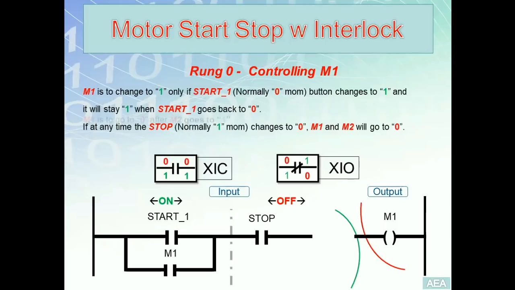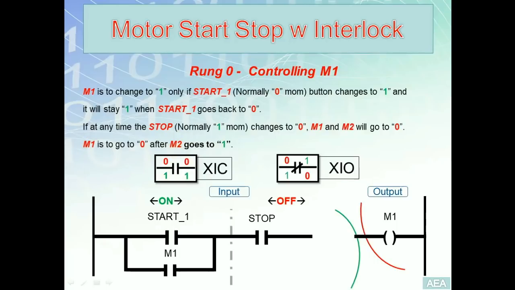The final requirement: M1 is to go to 0 after M2 goes to 1. Now please look over here. Even though we have not yet built the solution for M2, we can still integrate it into this requirement for M1. Now what's the output that we are controlling? M1. Using what? M2.